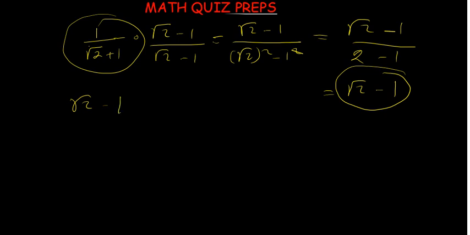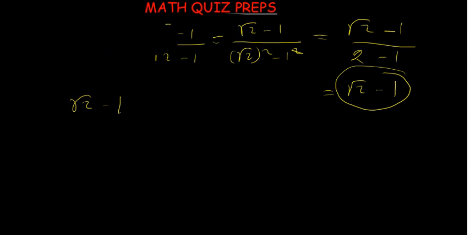So let me just try to clean up this space which is here. When you want to show such a question that it is irrational, first assume that root 2 minus 1 is rational.